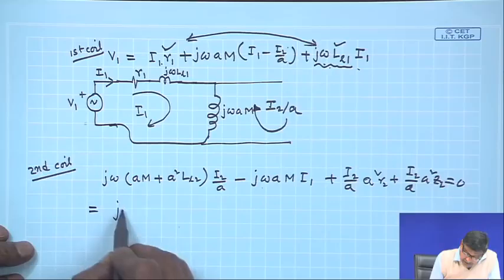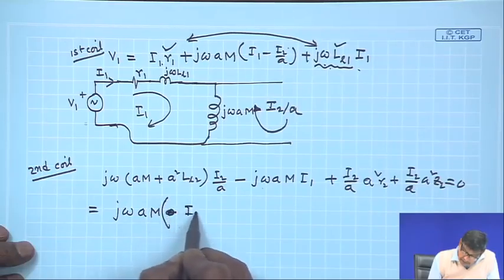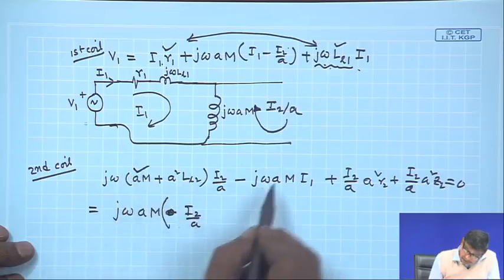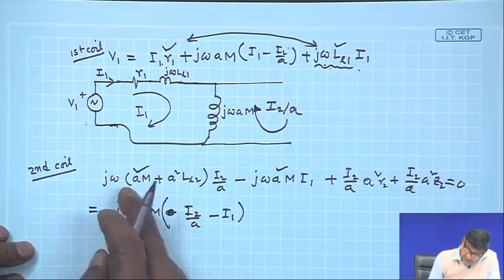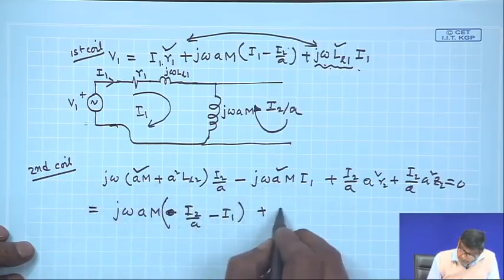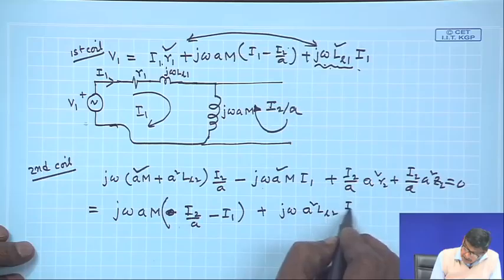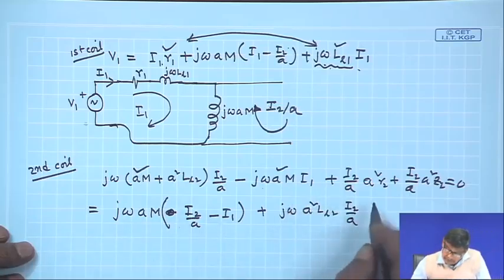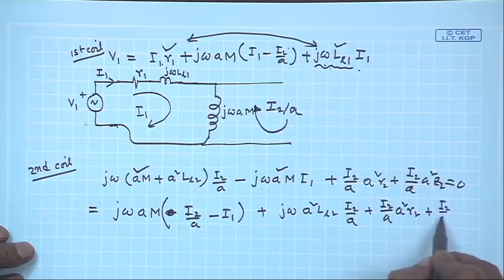So, this can be written as j omega A m, this first term I am taking, I 2 by A minus I 1, plus j omega a square L L 2 I 2 by A, and then you write this I 2 by A square R 2 and then plus I 2 by A square Z 2, and that is equal to 0.